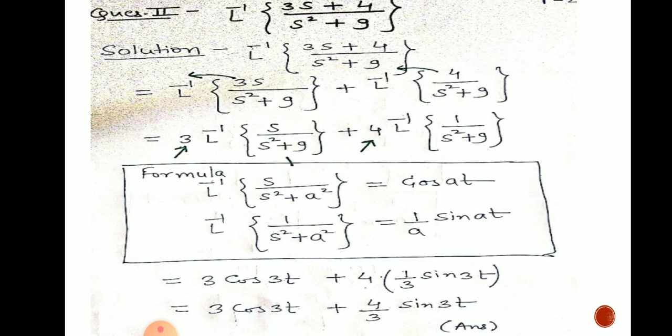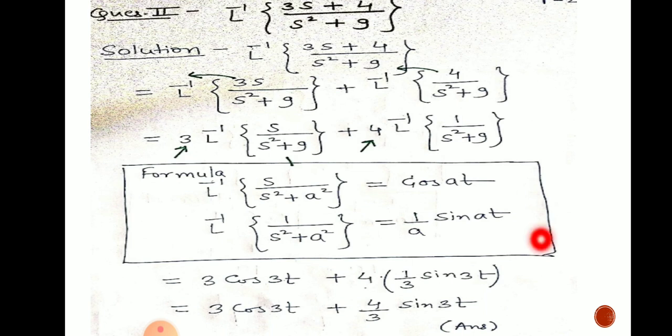Okay. Now look at the second term, Laplace inverse of 1 upon (s square plus 9). Now look at this next formula: Laplace inverse of 1 upon (s square plus a square) is equal to 1 upon a sin at. So 1 upon (s square plus 9) gives 1 upon 3 sin 3t.